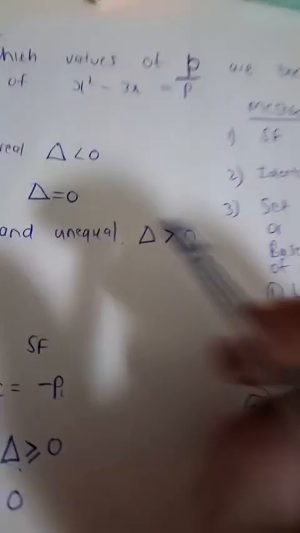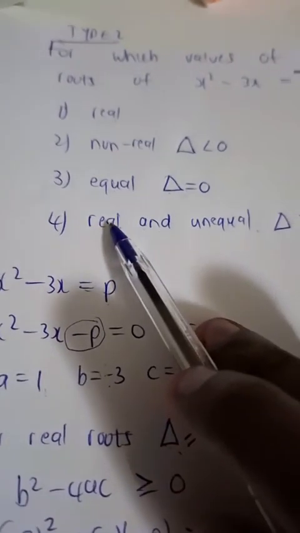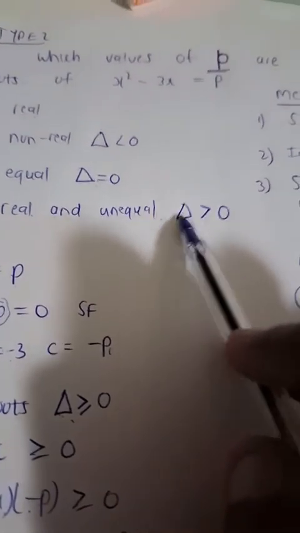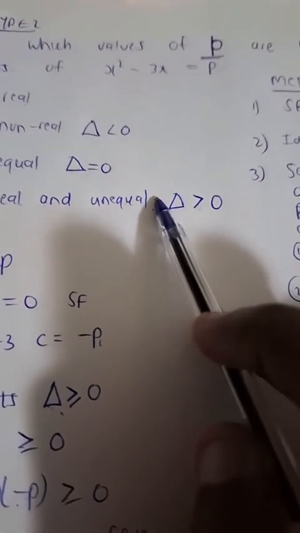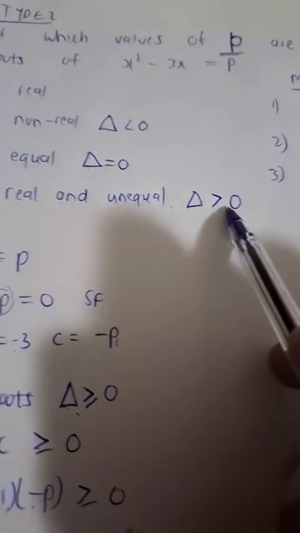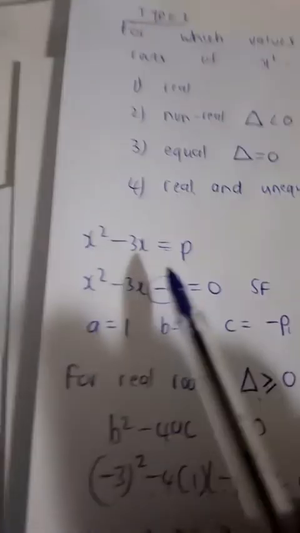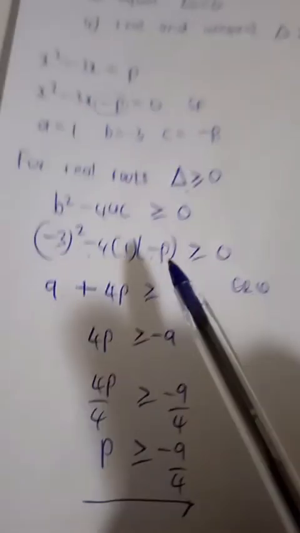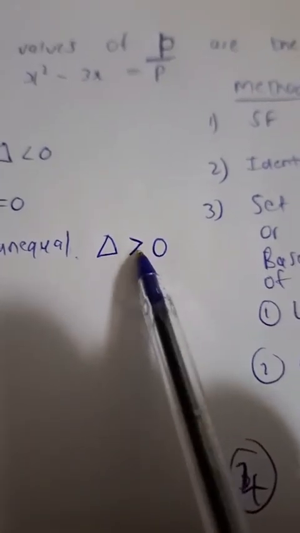So now when I set up my inequality, my condition will be delta is greater than 0. Repeat the same process, write the equation in standard form, identify A, B, and C, and my new condition would be when delta is greater than 0. I substitute and I solve my inequality where delta is greater than 0.